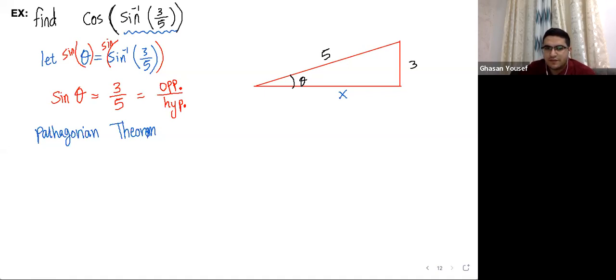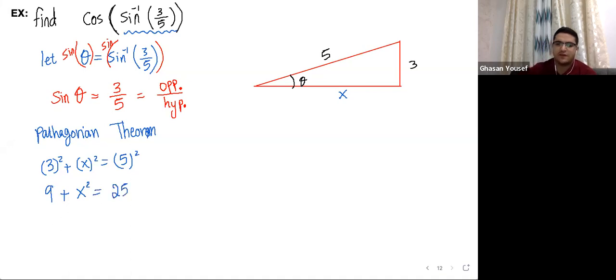3 squared plus x squared equals what? The hypotenuse squared, 5 squared. 3 squared is 9, plus x squared equals 25. Now to find the value of x squared, we subtract the 9 from both sides. This will cancel out.